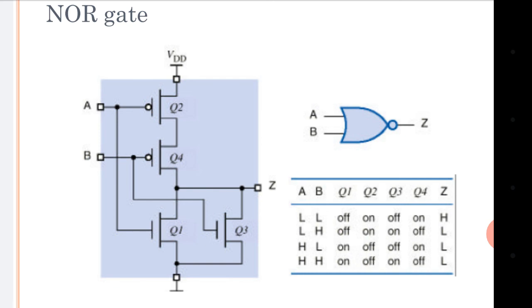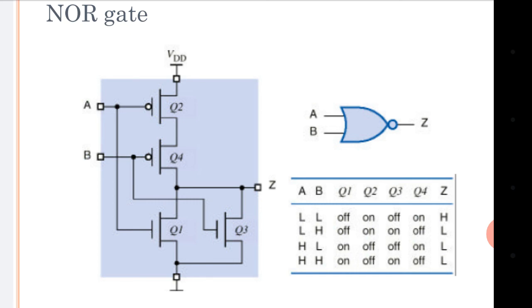So even though Q2 is a closed switch, Q4 is open, so current will not pass from VDD to the ground. And at the bottom side, even though Q1 is open, Q3 is closed, so it's just like a short circuit. You are checking the voltage and you will get the output voltage as low.